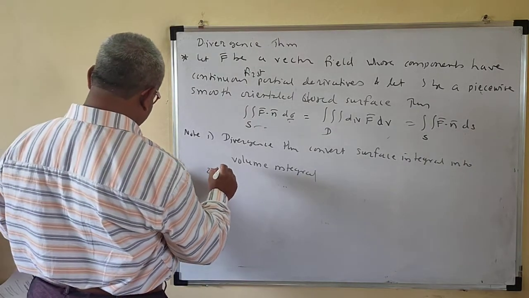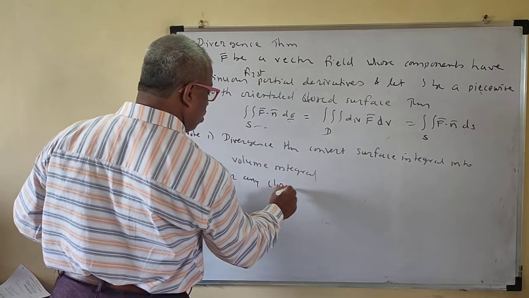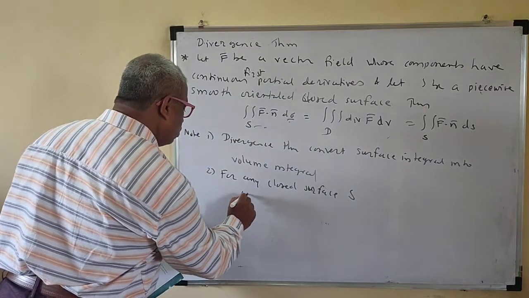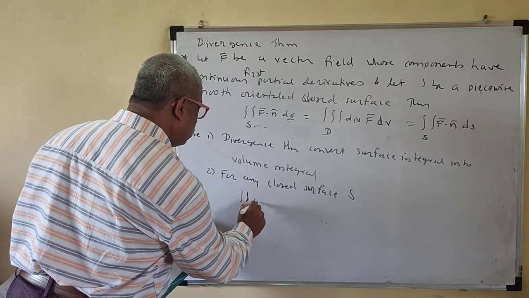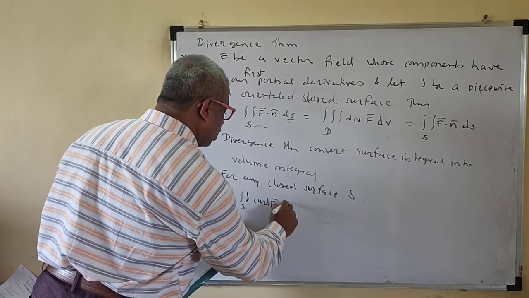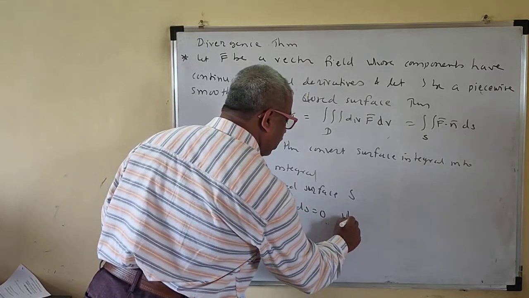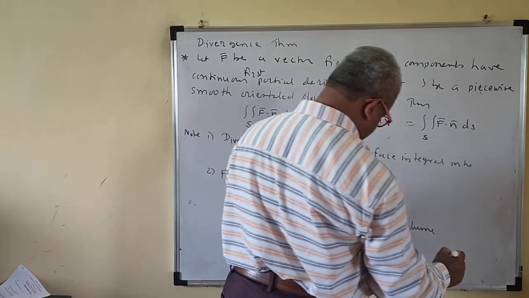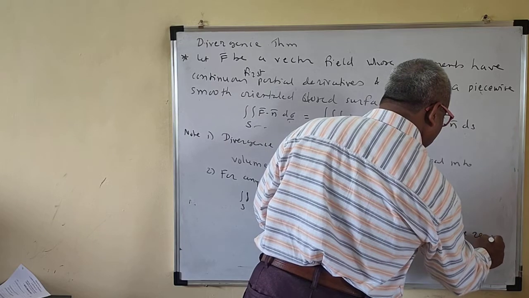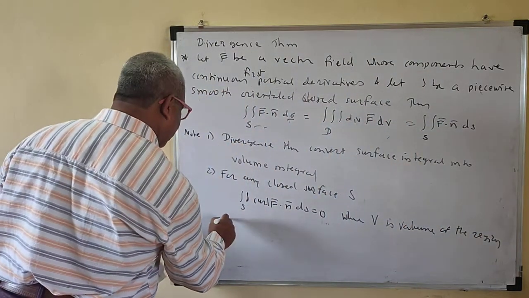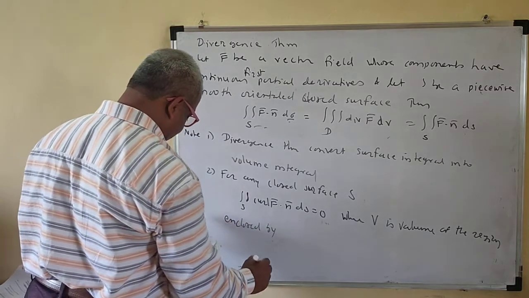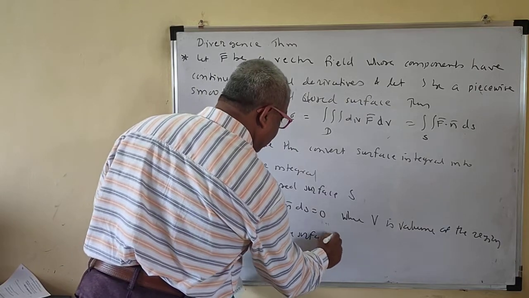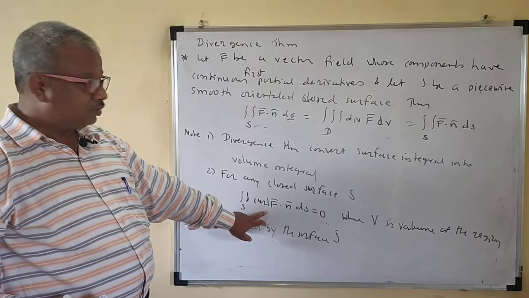Next we write a note: for any closed surface S, the double integral over S of curl F bar dot n bar dS is always 0, where V is the volume of the region enclosed by the surface S. This is the curl of F bar, dotted with n bar.